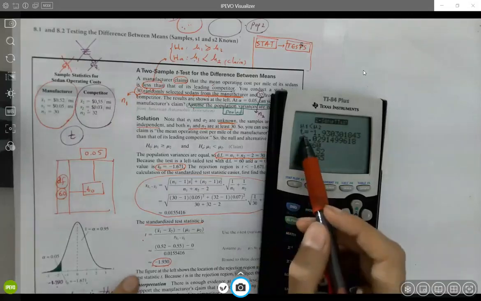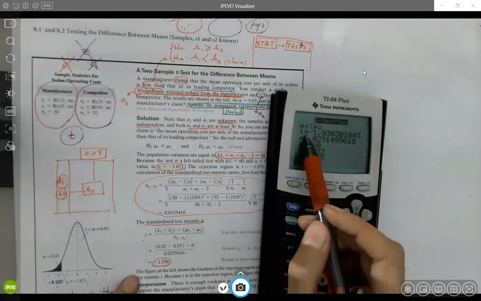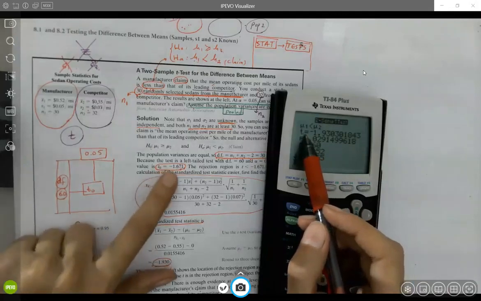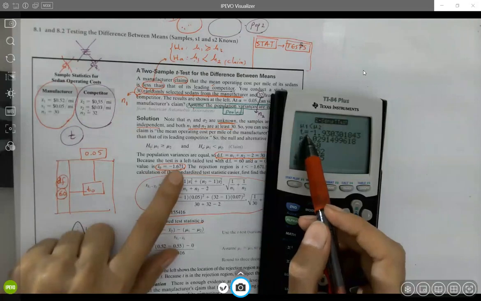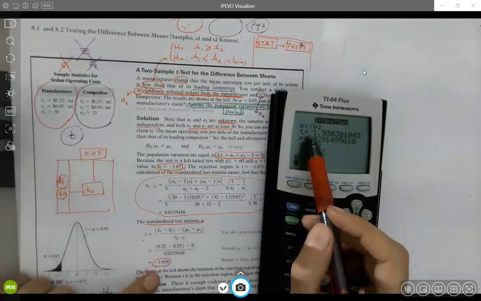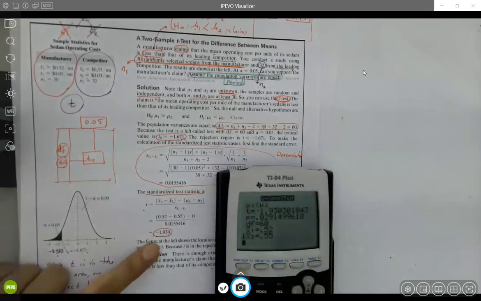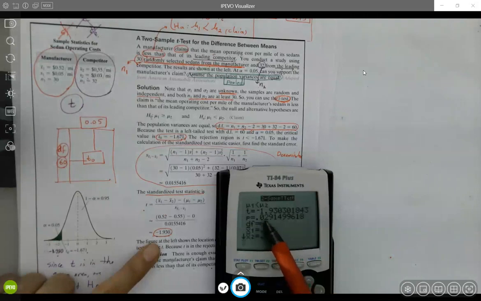As you can see, our critical value is negative 1.671. Our standardized statistic is negative 1.930. It did the calculation for us here. P-value is 0.029.